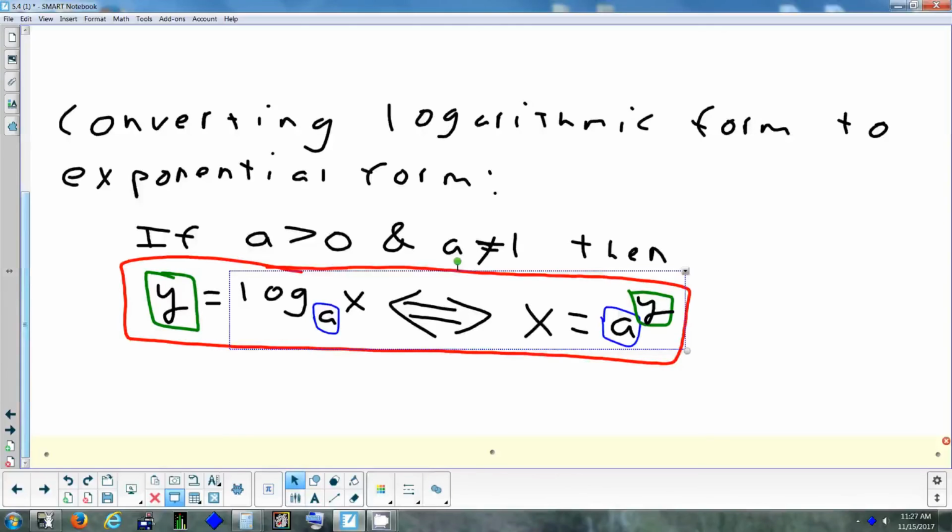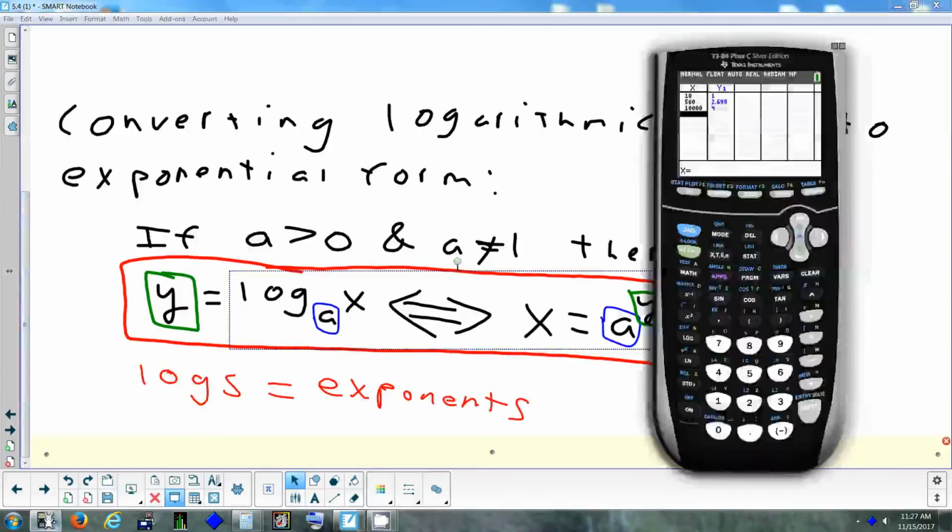The next thing I'm going to look at is the y. And if you remember the following sentence, you'll always remember what y is. Logarithms equal exponents. Anytime you do log of anything, like let's say I type in log of 8. Okay, I just did that. 0.903.